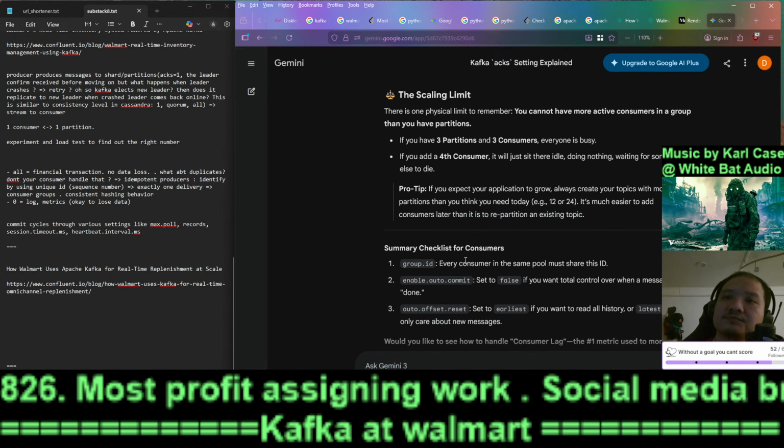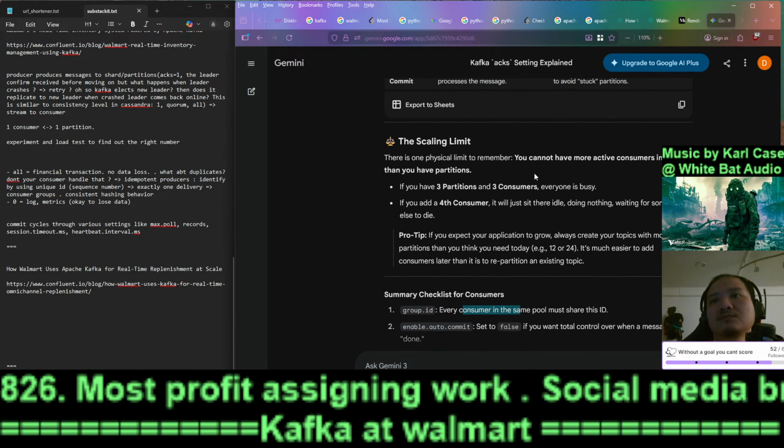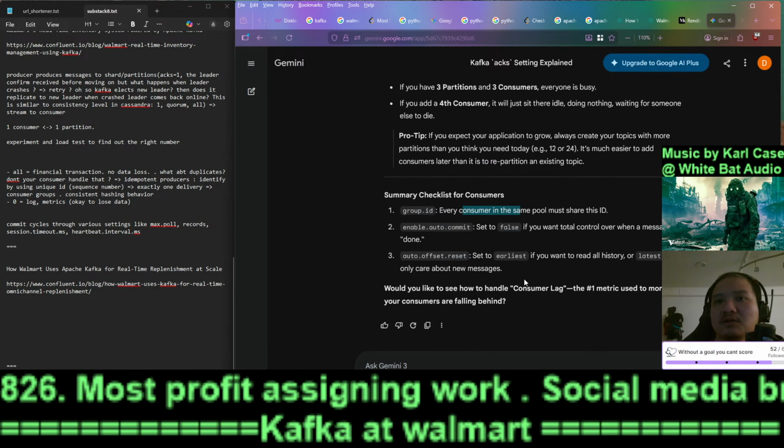Okay. So one group cannot have more consumers than the number of partitions. Okay.